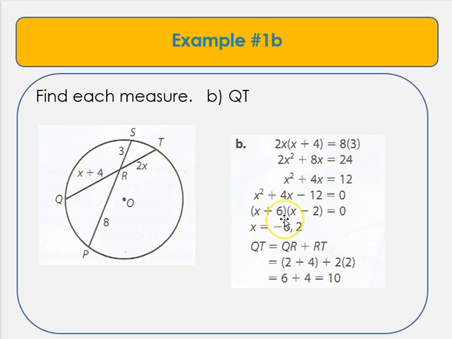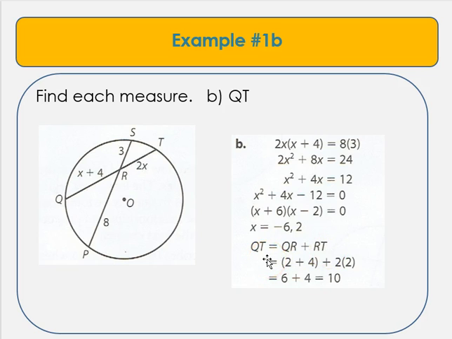So x plus 6 equals 0, which means x would be negative 6. x minus 2 equals 0, which would be x equals 2. We'll use the positive answer to this question and substitute it in our equations.